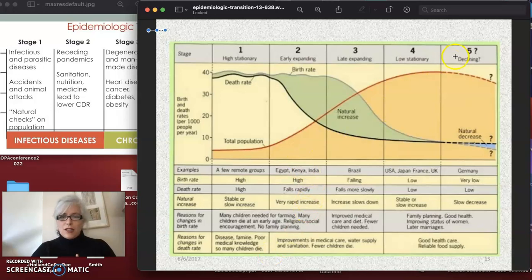So the lack of knowledge about health conditions and how to cure these things, and also the lack of ability to control a predictable food supply, kept the birth rate high, but the death rate was really high also, so the population was kept relatively stable, but very low. Okay, so as we transition into stage 2, what you do see is advanced agricultural knowledge and increased health and a robust lifestyle because there was food security.